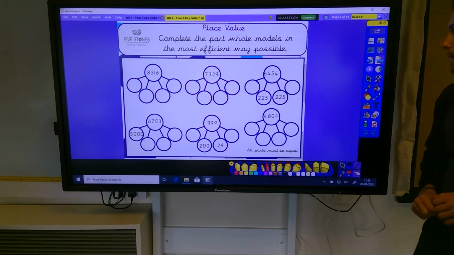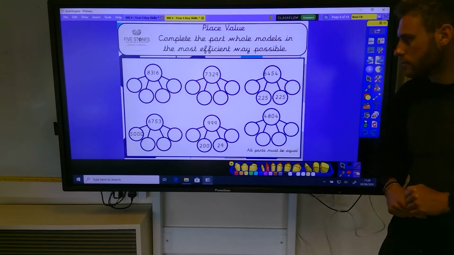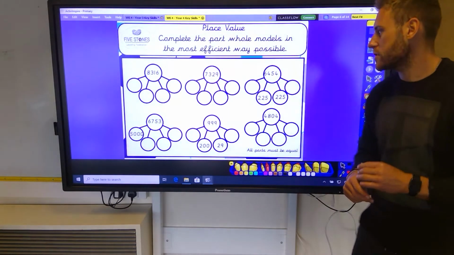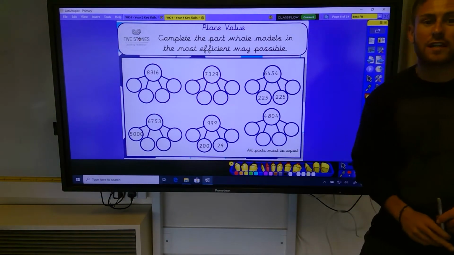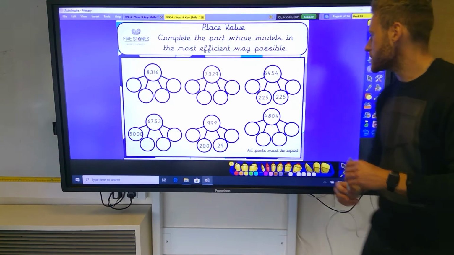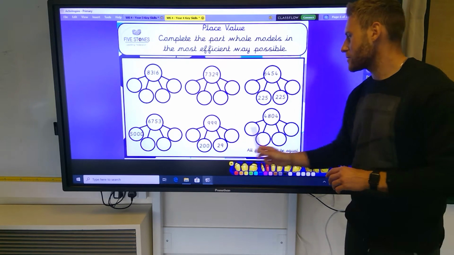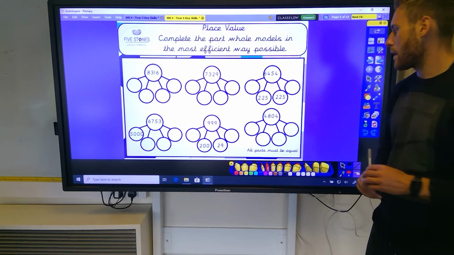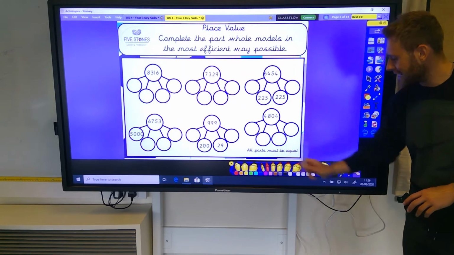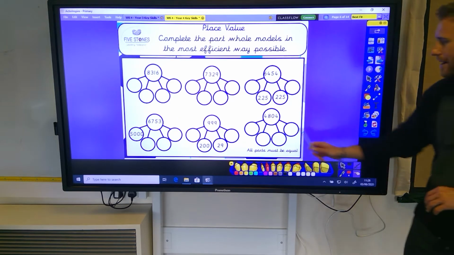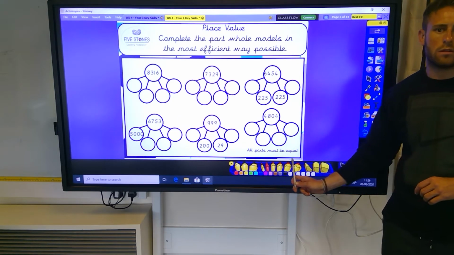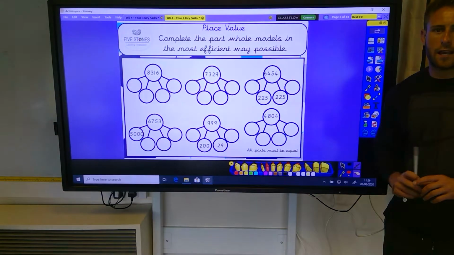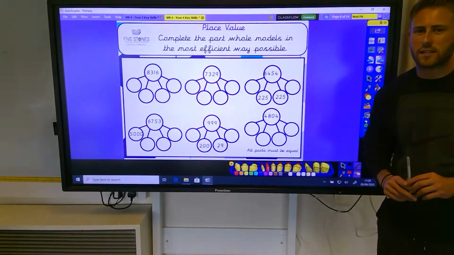We've got some incomplete part-part whole models now. Some of them are a lot more open than others. First of all, I would like you to start off by partitioning it into your place value columns. Then I would like you to solve the other ones thinking about relationships. And finally, I am asking you to make sure all of these 4 parts are equal. They all must be the same. I wonder what that might be the same as.